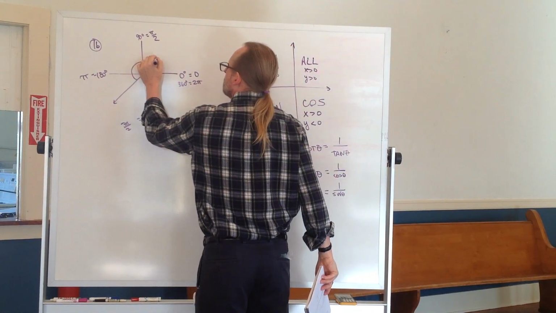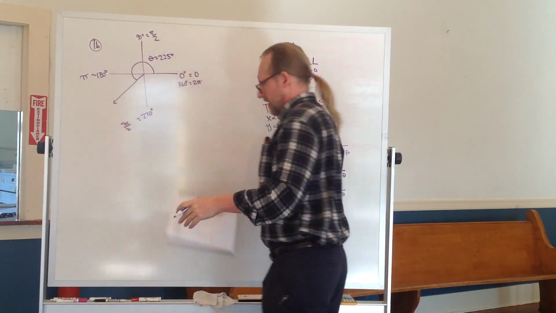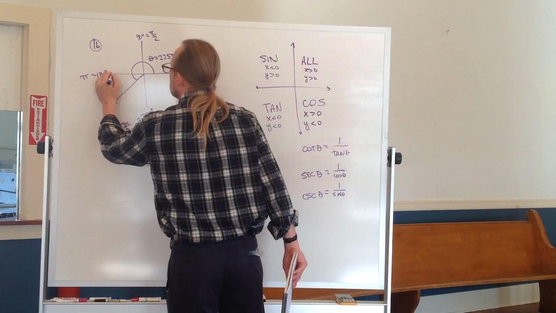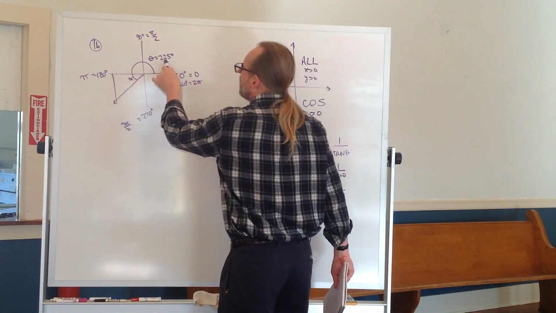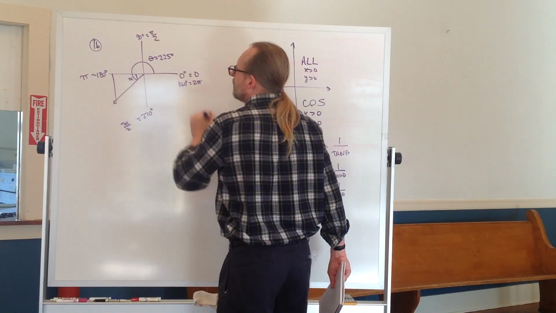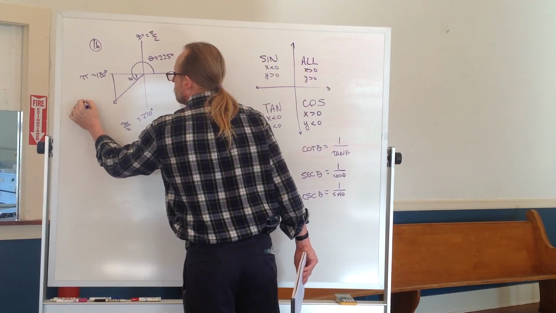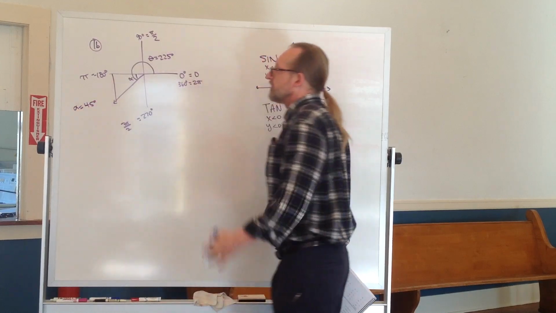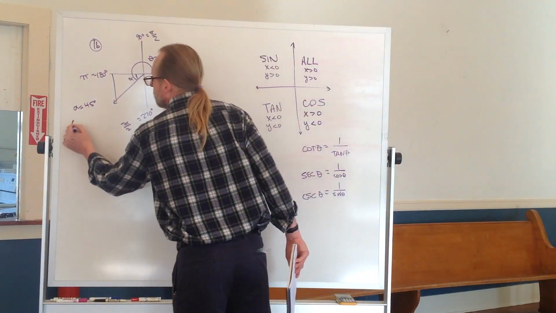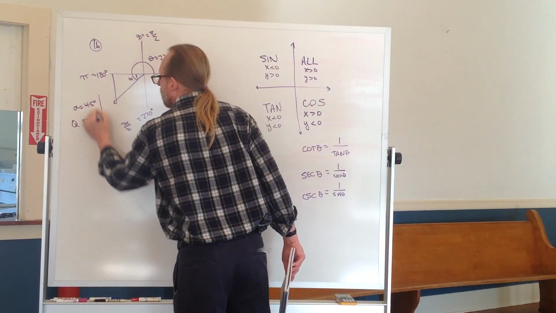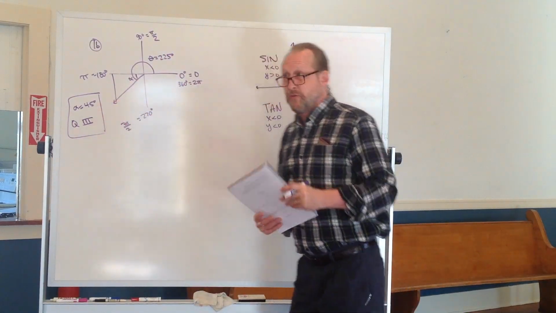So if this is 225, then our reference angle here is we subtract the 180 from the 225 to get this leftover portion here, and we find that that alpha there is going to be 45 degrees, because 45 plus the 180 makes the 225. And this terminates in quadrant 3. So, terminal side is in the third quadrant, and the reference angle in here is 45 degrees.